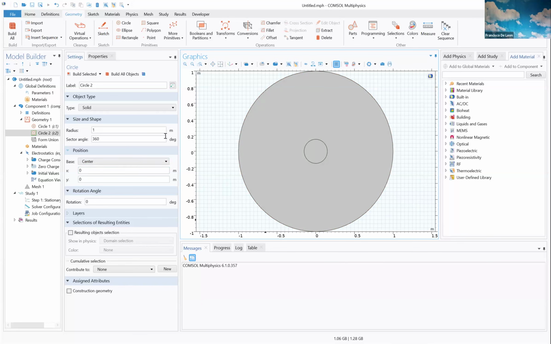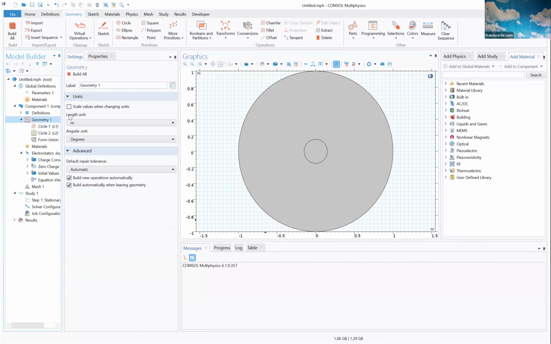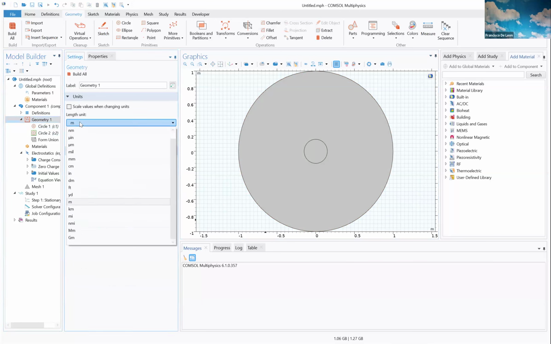If you want to change the dimensions now, you can easily do it: click circle one and change the radius and the sector angle if you want to, and the position as well. So this is the geometry here. One thing to mention here, the software automatically selects the dimensions in meters. If you want to change them, just click the geometry, and here's the option length unit. Change it to millimeters if you want to.